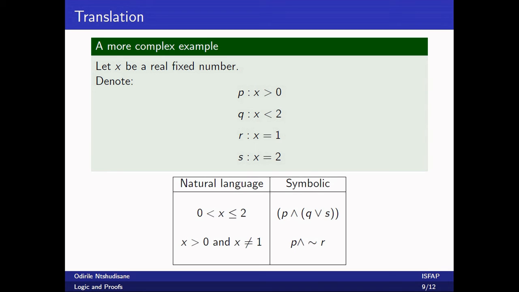In the natural language, we would write a statement such as 0 is less than x is less than or equal to 2. This translates symbolically to the statement form P and Q or S. In the natural language, we would also write something like x is greater than 0 and x is not 1. Symbolically, this would translate to P and not R.